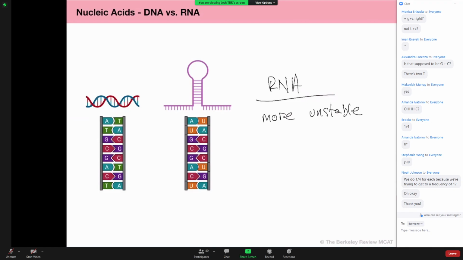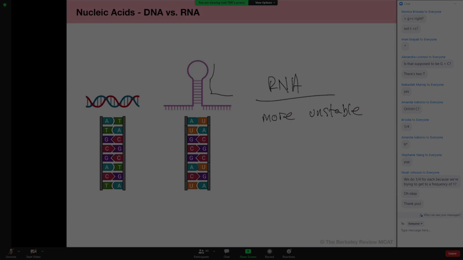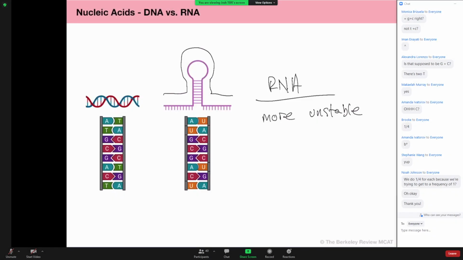All it can do is fold back on itself, which you can see here through this hairpin, which only minimally increases the stability. RNA, if it does fold back on itself, has larger grooves, which means that if an enzyme comes to bind and cut it, it can do so more easily. So RNA is just a much less stable molecule than DNA. Okay.